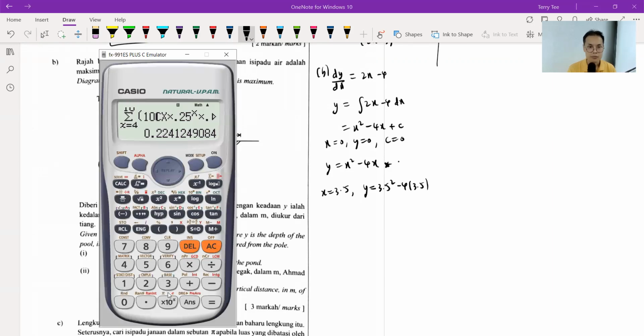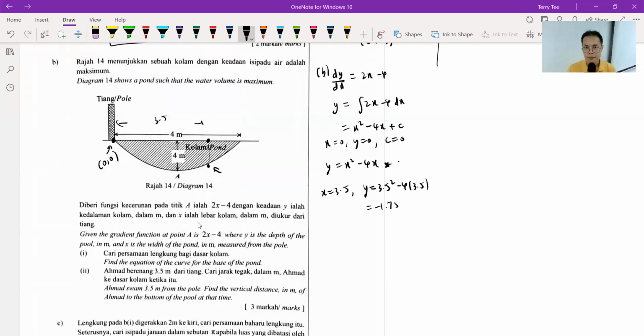Use your calculator. What we have here is negative 1.75. But for depth, we have to take a positive value. So the vertical distance, the depth, is just 1.75 meters.